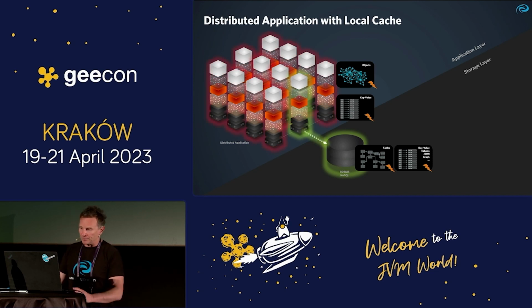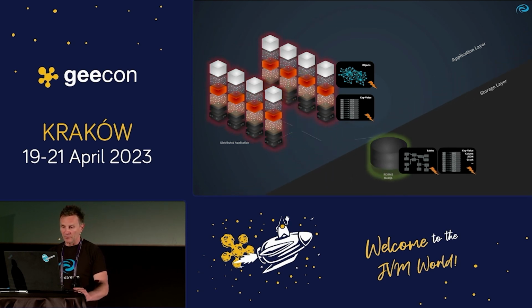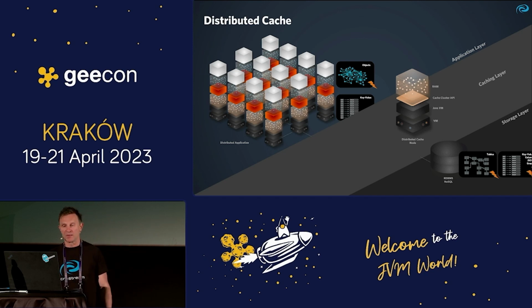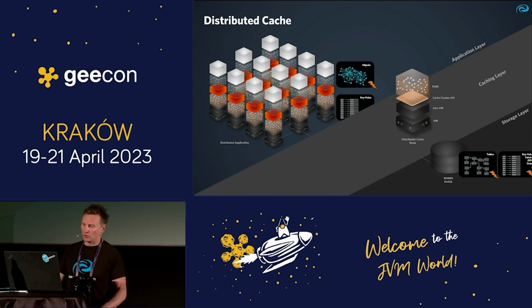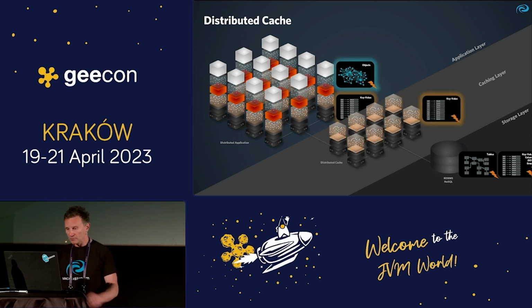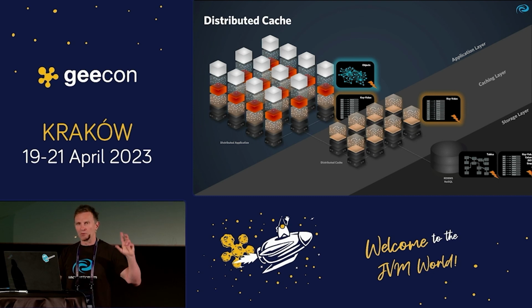This might be a problem, but of course we can solve it. Just put the cache in between the application nodes and the database. This would be a single point of failure. We should avoid this. This is the reason why we use a distributed cache. And we see we now have two clusters running.